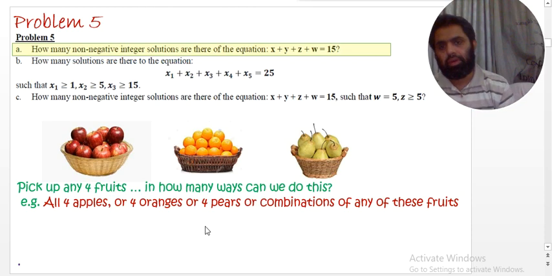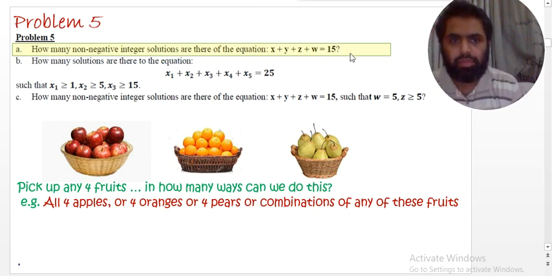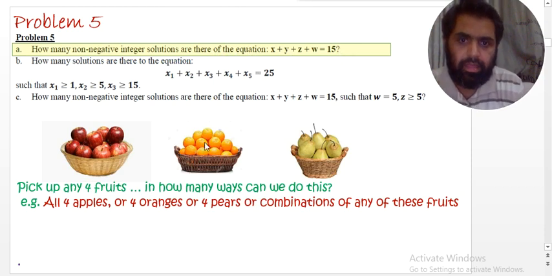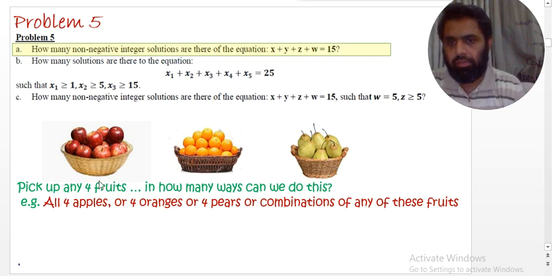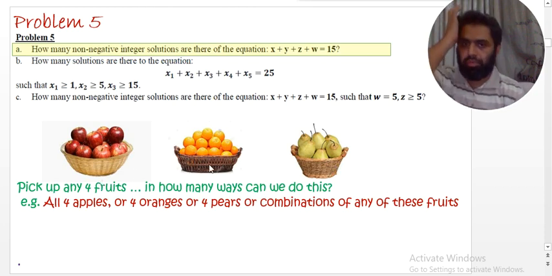Actually, this problem of fruits is exactly the same as the number of solutions to an equation. You can call apples x, oranges y, and pears z. So we have to choose some number of apples, some number of oranges, and some number of pears.